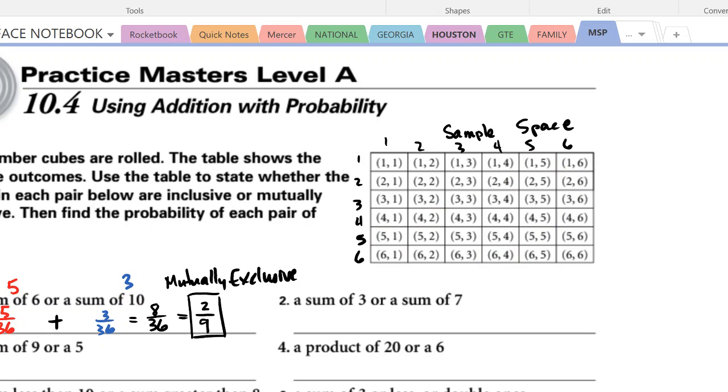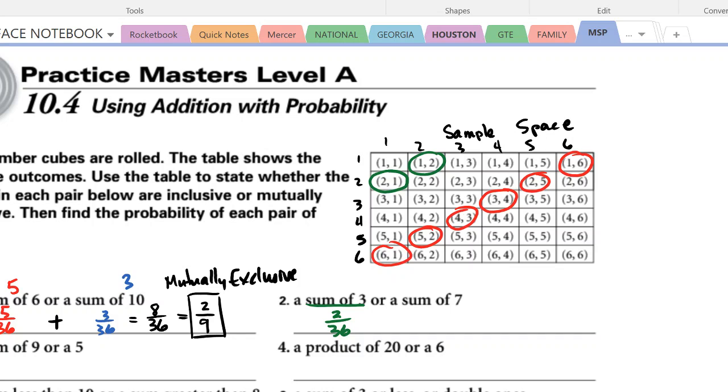The next question asks a sum of 3 or a sum of 7. So a sum of 3 is what I'm going to do right now, and that would be 2 and 1 is a sum of 3, 1 and 2 is a sum of 3, and that's all. There are 2 out of 36. Okay, a sum of 7. Well, let's see. Here they are. 6 and 1, 5 and 2, 4 and 3, 3 and 4, 2 and 5, 1 and 6.